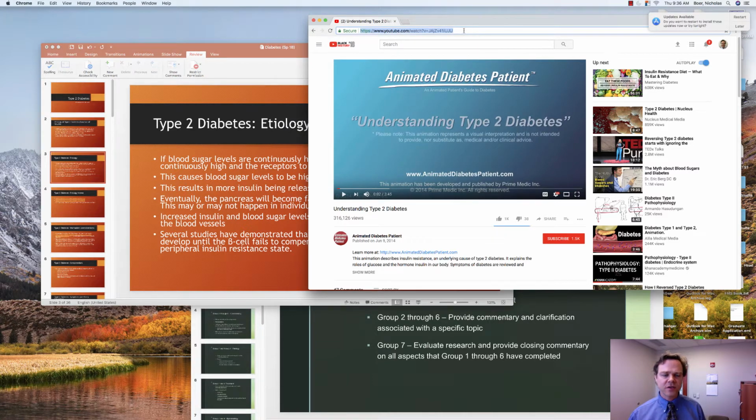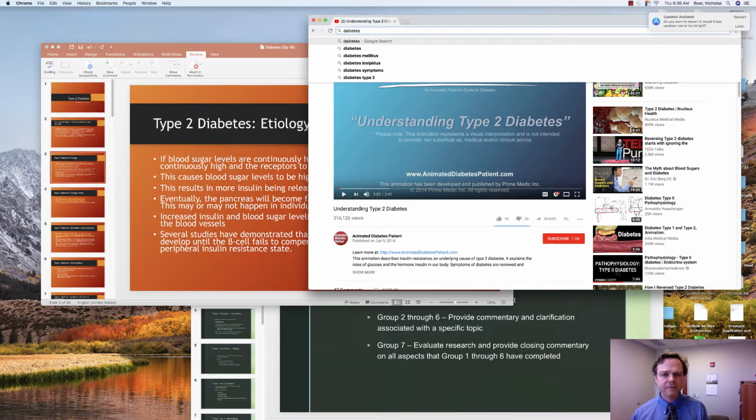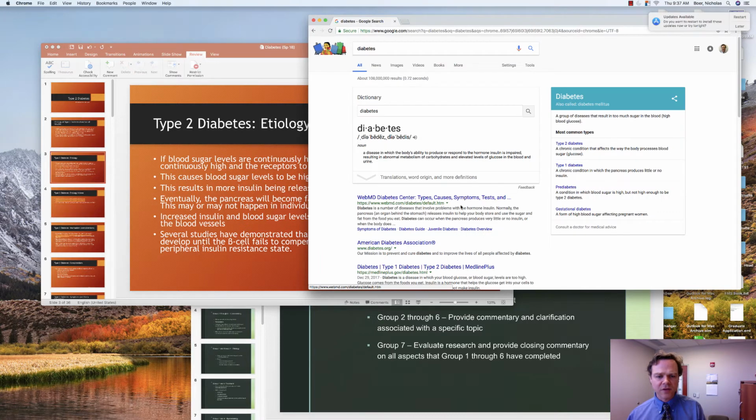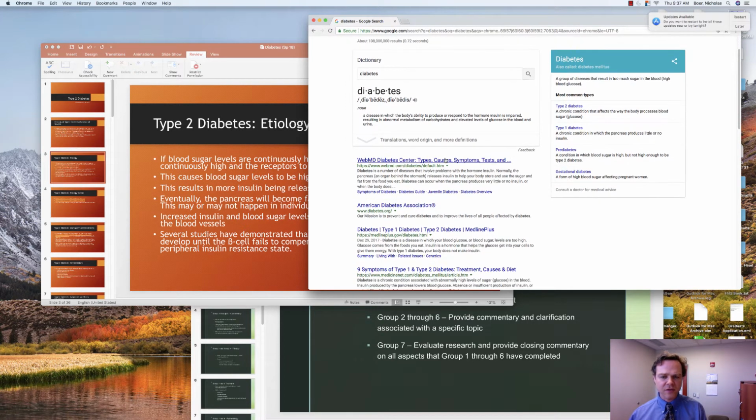And when you're doing the search, you could try various different search terms. I think if you just put diabetes, it helps to spell it right, you'll get a lot of good information that you could then use that will give you what you need.